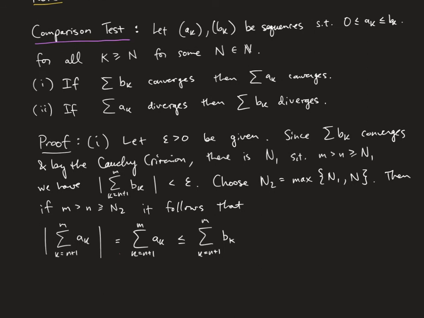Each of these is because k is bigger than n, and n is bigger than or equal to n2, which is bigger than or equal to capital N, right? So both of those inequalities apply.